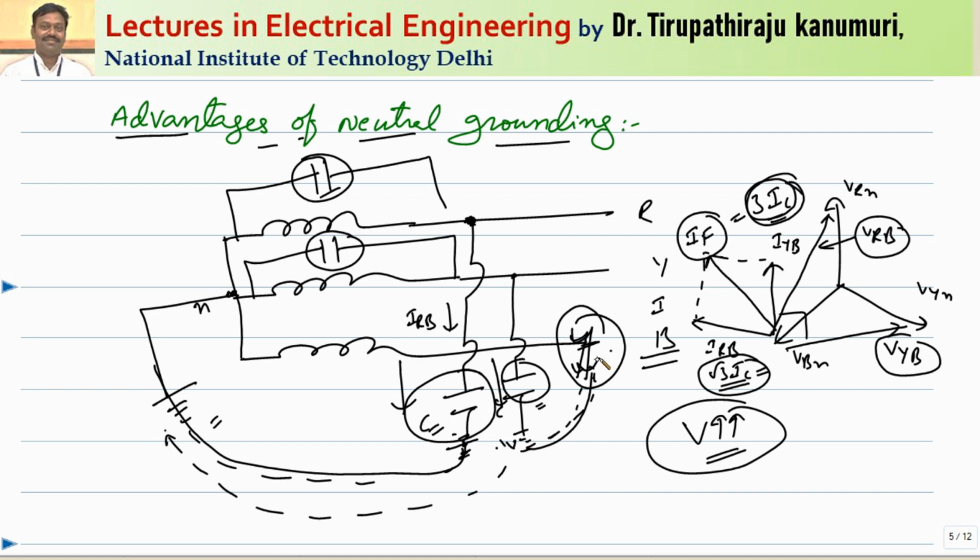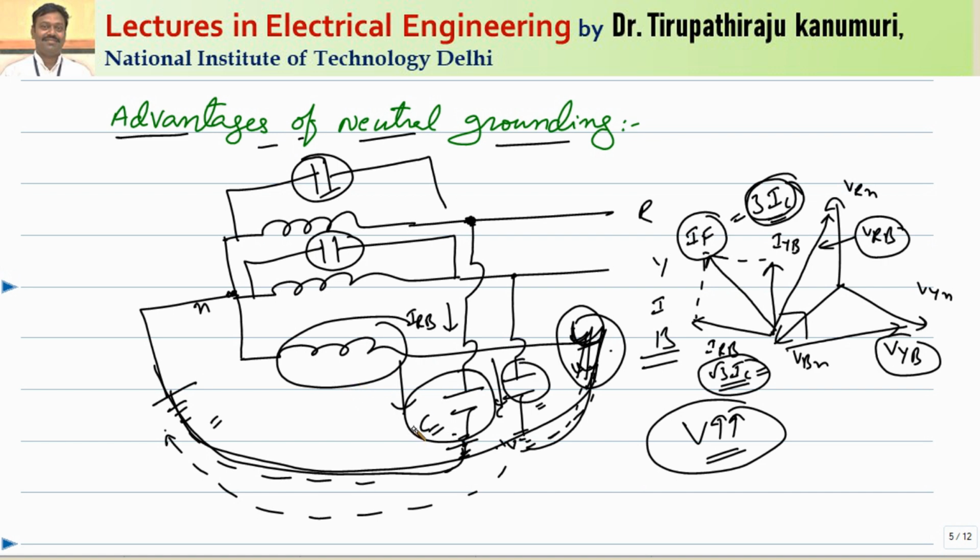That is the second advantage. And the third advantage will be, because this is directly connected to ground, this is just equivalent to this entire winding being short circuited, because you can see this point is connected back. So this entire winding is short circuited. So short circuit current will pass.